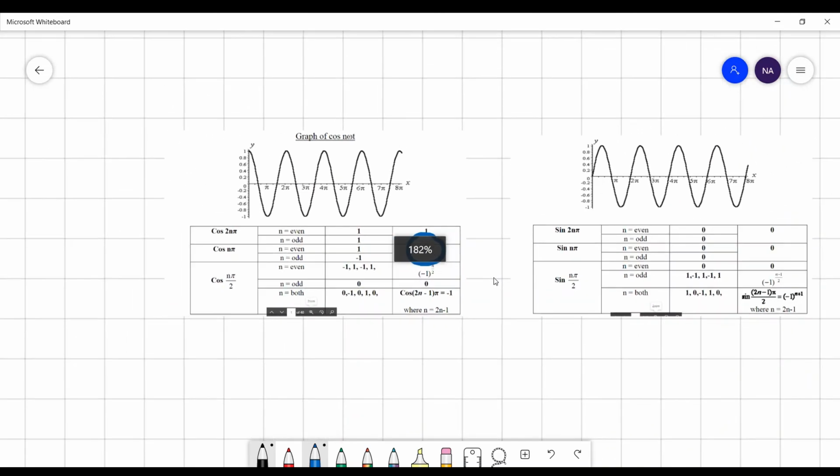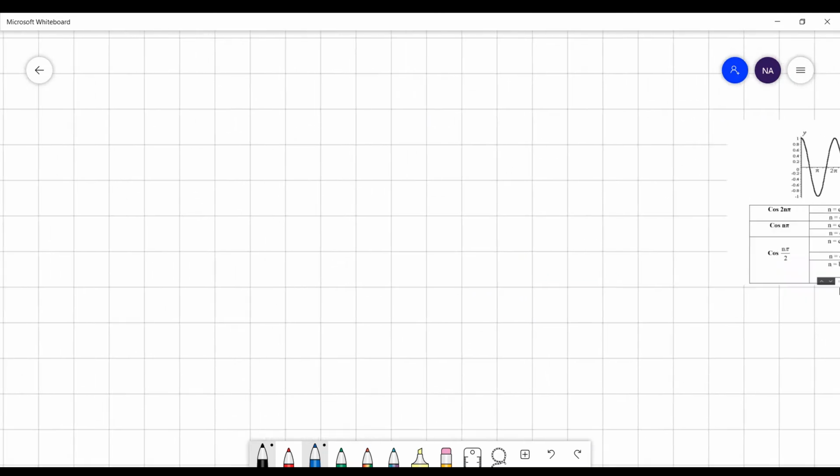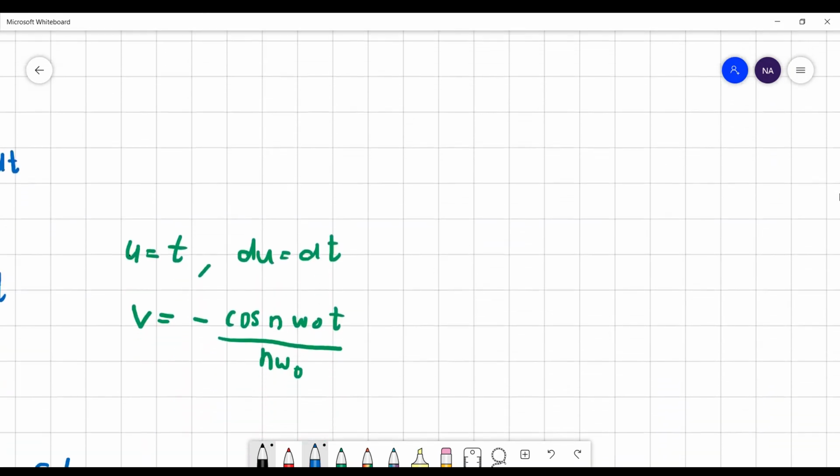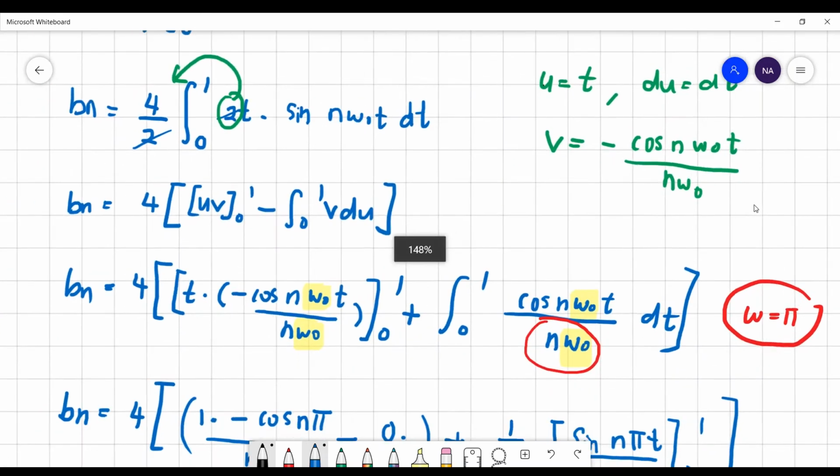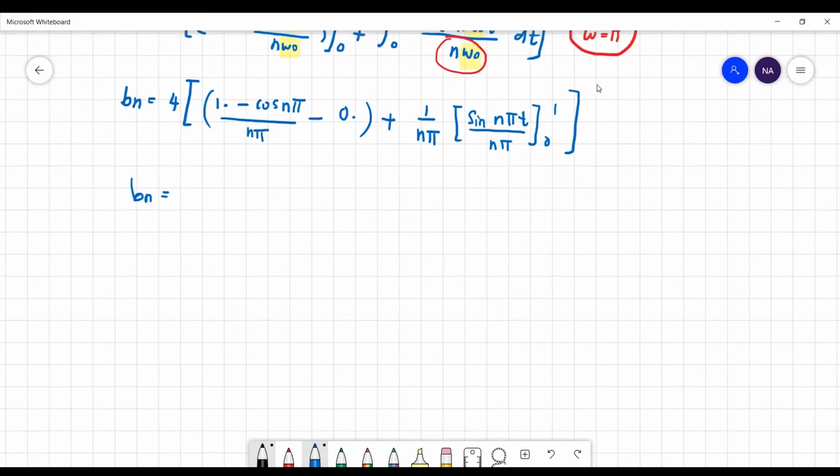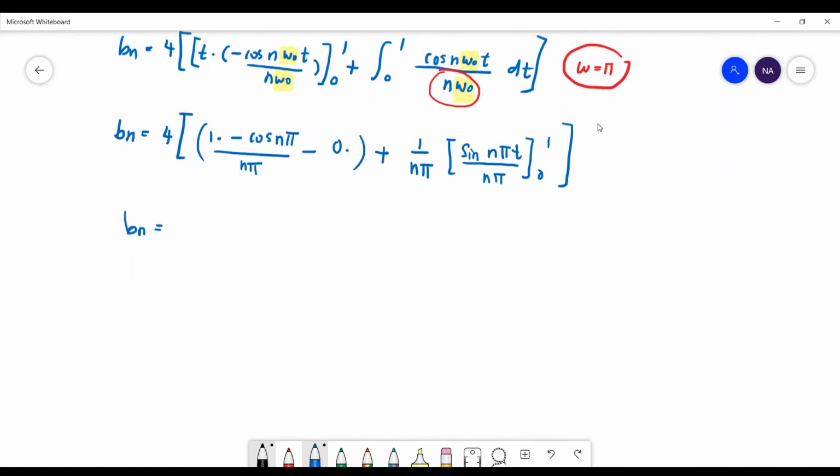So you may refer to the notes on the cos function, the cos graph. So I will get cos is negative 1 to the power of n over n pi. So this one is 1 over n pi squared.